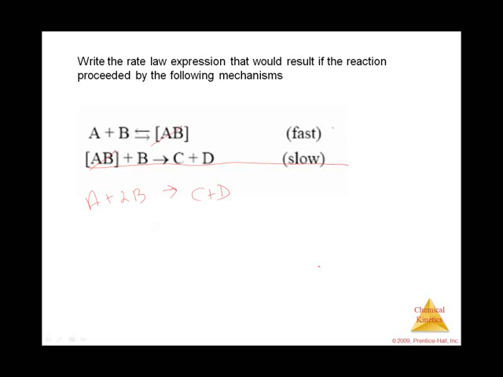Okay, so this rate will be some k times A times B, right? And this rate will be some other k, let's call it k2, times B, which gives me an overall rate for the equation of rate equals k times A times B squared.